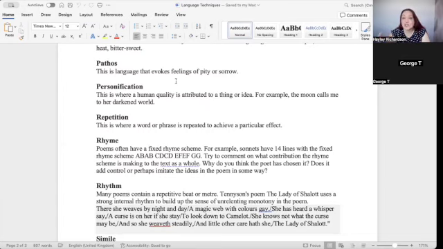If she hadn't had such a tragic story, a story that was made up of so much pathos, we wouldn't have the same emotional investment in that play.